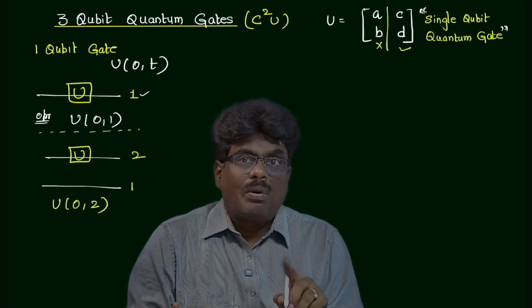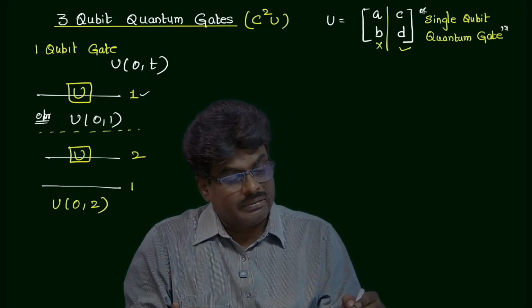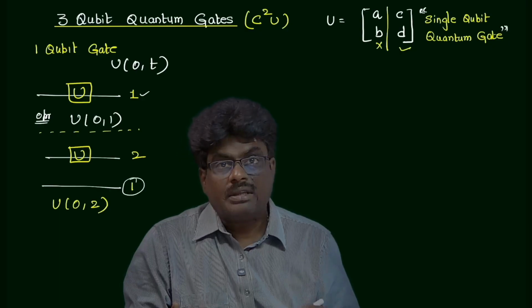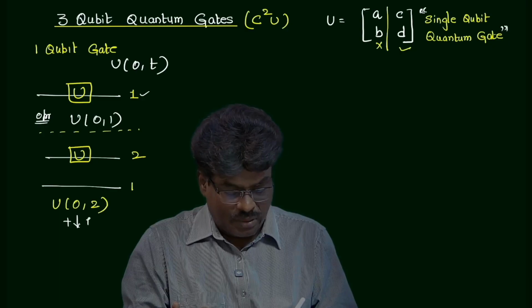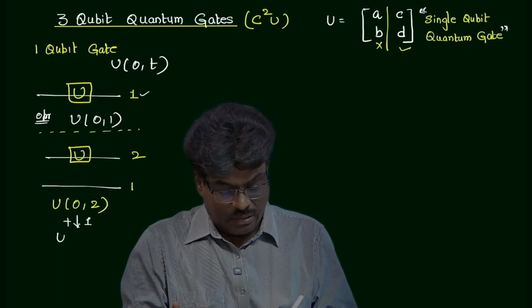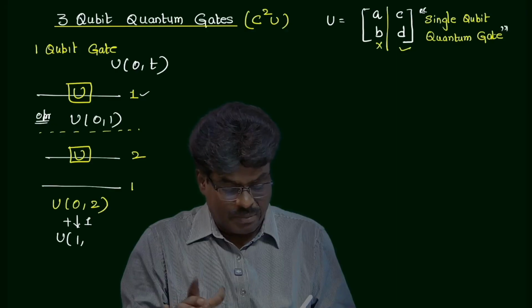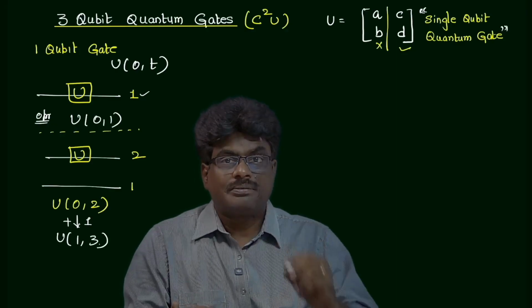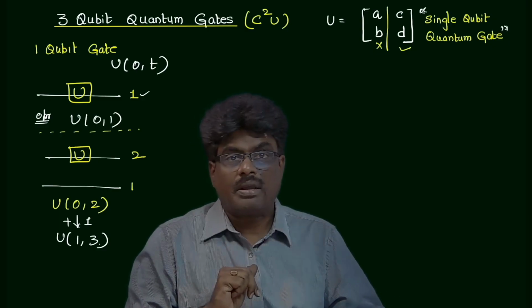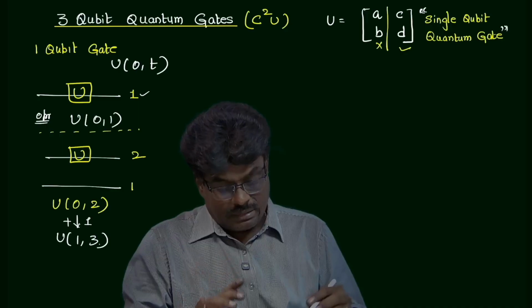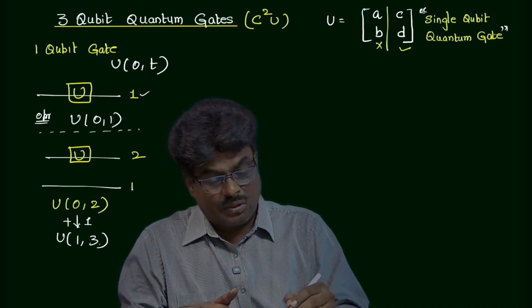After that, whatever state remains, you have to add, that is plus 1. So just a decimal addition, U of 1 comma 3. That's it, and this is for single qubit gates.